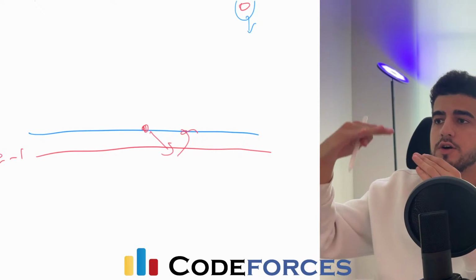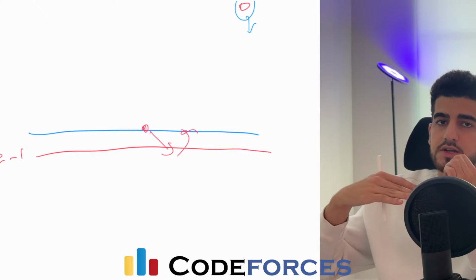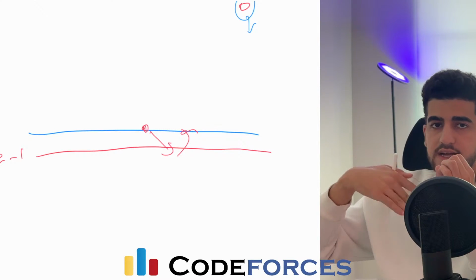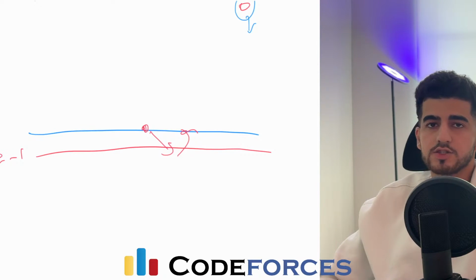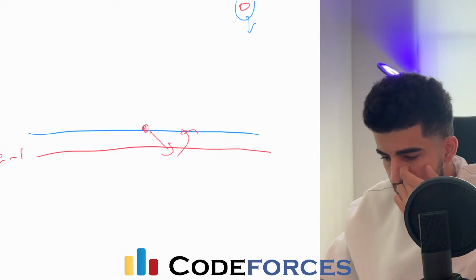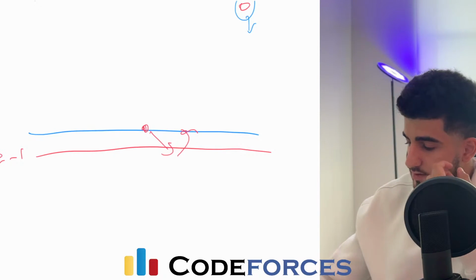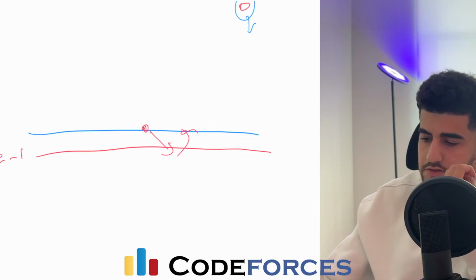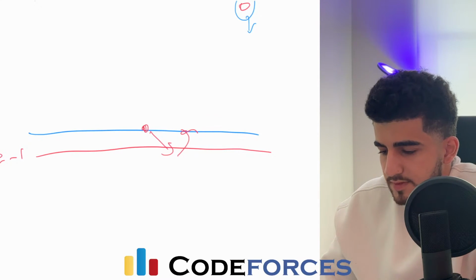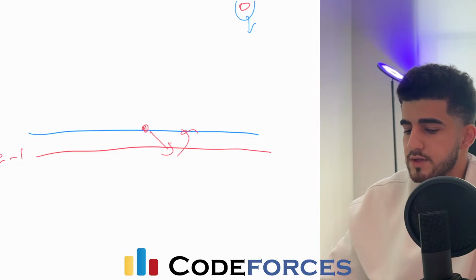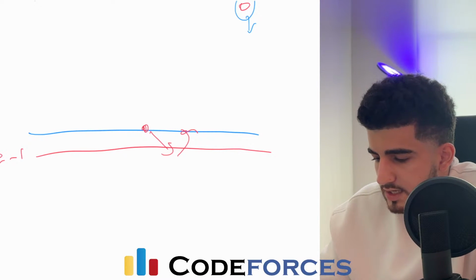So it can never go below y equal to -1, but it can reach -1 and above. Therefore, it's only possible if and only if y is greater than or equal to -1.